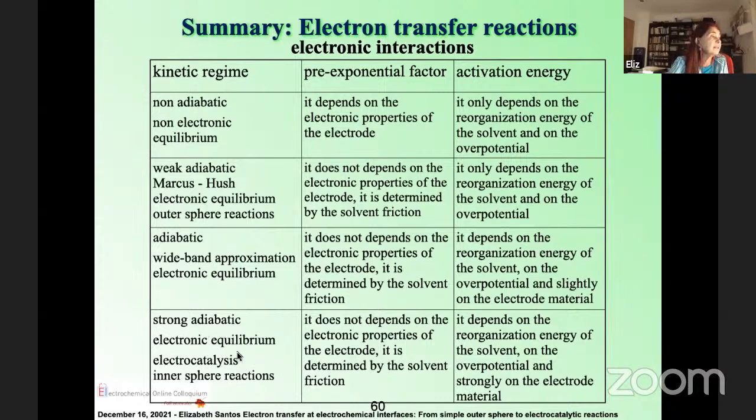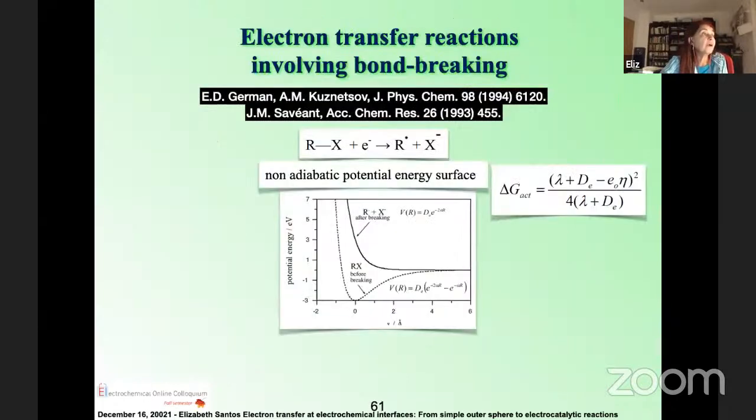And in the case of electrocatalysis with strong adiabatic interaction, the pre-exponential factor does not depend on the material, it depends only on the dynamics of the solvent, and the activation energy now depends very strongly on the electrode material. Good. These were very simple electron transfer reactions.